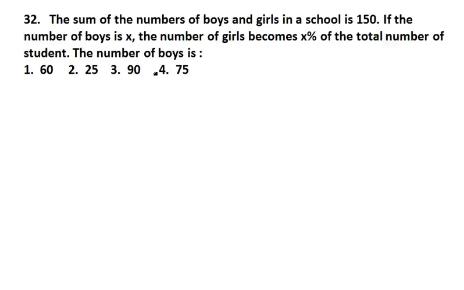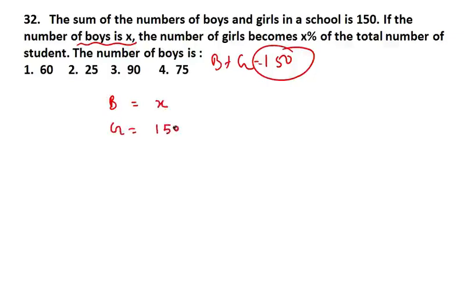Try to solve by yourself. Look guys, here it is mentioned total is 150. Boys and girls, their sum is 150, and next line it is saying boy is x. So if the number of boys is x, then the number of girls is going to be 150 minus x.